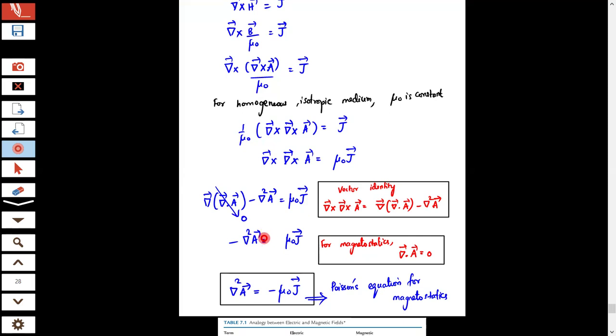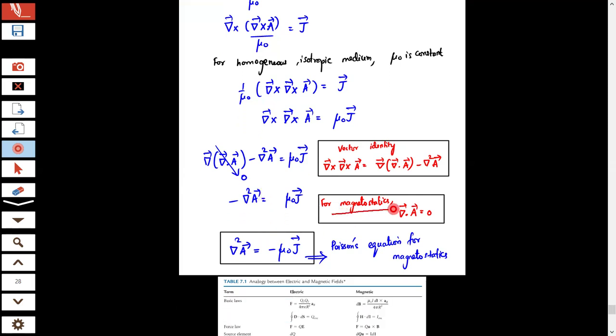And we can also state for magnetostatics, divergence of magnetic vector potential is zero, because magnetic field lines are not diverging in nature. Also from the standard vector identities which we discussed, we can say del dot A is equal to 0.